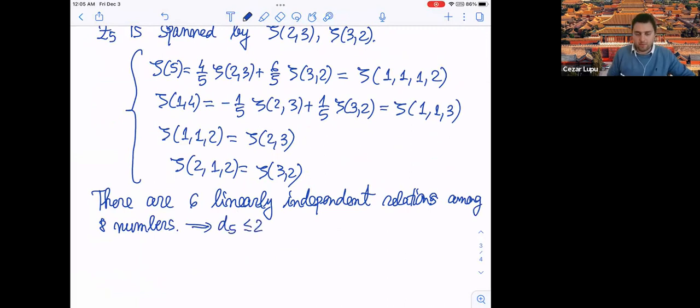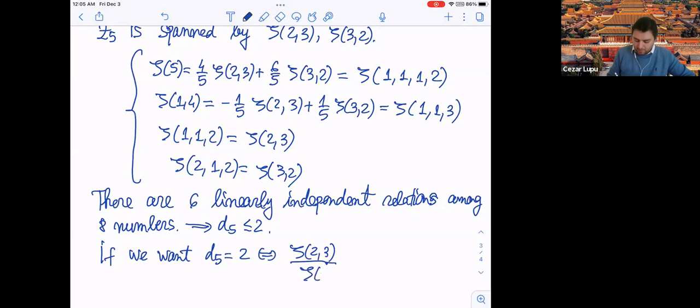So we have this upper bound. But if we want D5 to be 2, so if we force equality, well, we need to prove something. This will be equivalent with proving that the double zeta of 2, 3 over double zeta of 3, 2 is irrational, right? Something like this.